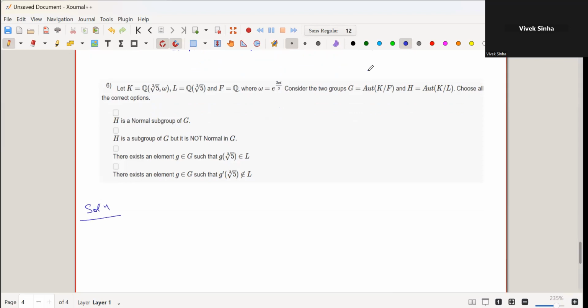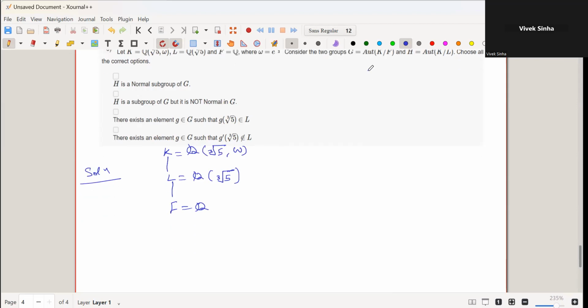First of all, what's the situation? You have F, that is Q, you have L, that is Q adjoined with the cube root of 5, and K is Q with the cube root of 5 and omega, both adjoined. In the lecture notes we have seen the following theorem.